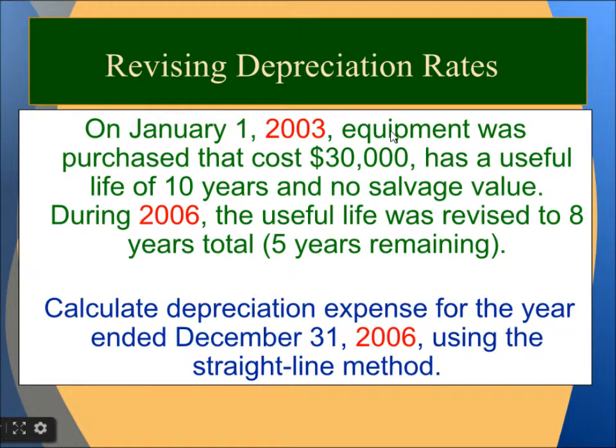So it started with the book value of $30,000 and a useful life of 10 years. 30,000 divided by 10 will give us the depreciation expense for 2003, and for 3 years from 2003 to 2006. 30,000 divided by 10 is $3,000. For 3 years it will be 3,000 times 3, which is 9,000.